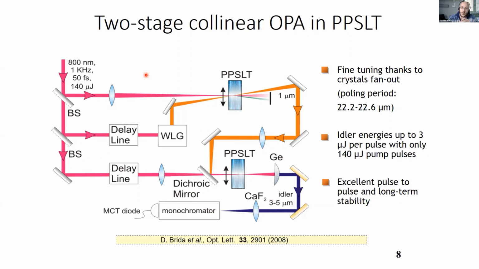So that's why it's very crucial when you do difference frequency generation in the far infrared to always try to operate with collimated beams as much as you can, because if you have a collimated beam, you are sure that the idler is also emitted in a collimated way, more or less, and it makes it much easier to do the next chains of optical elements that are then used to do the experiments.